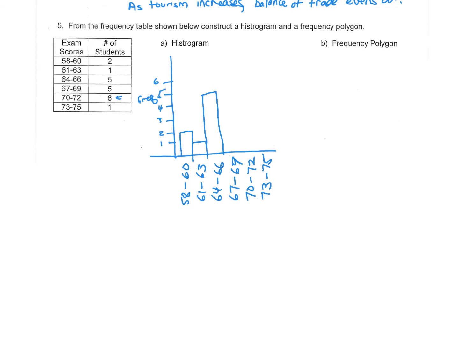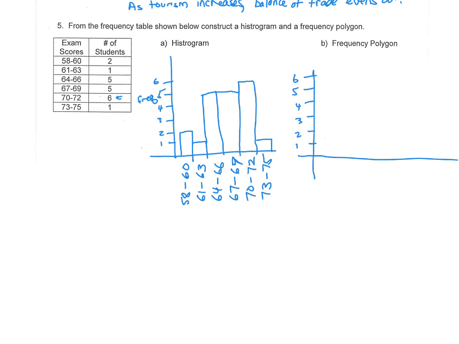Then for 67 to 69, another frequency of 5. Then a frequency of 6. And finally a frequency of 1. So there's the histogram.